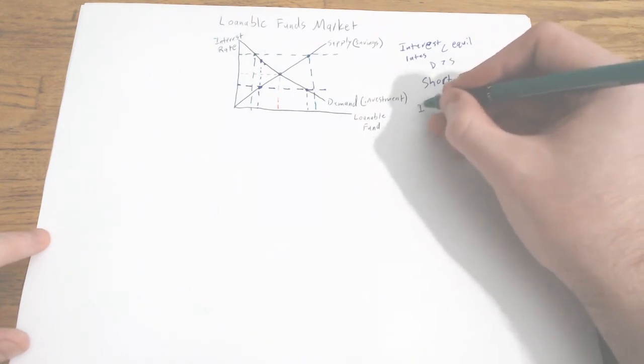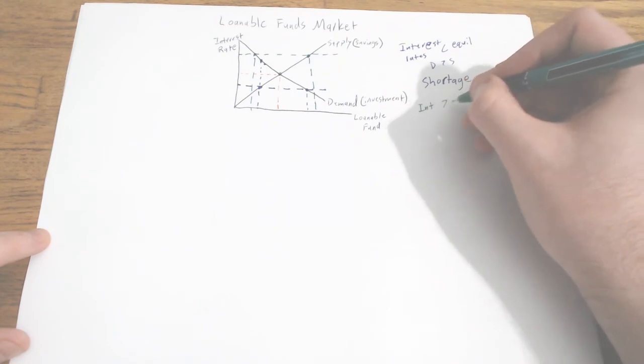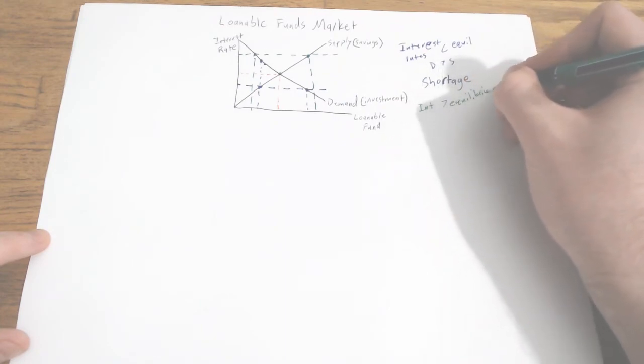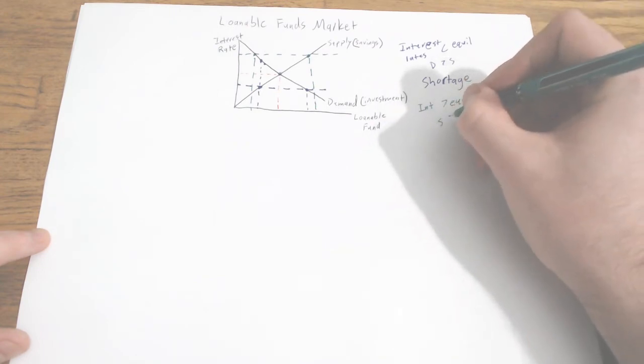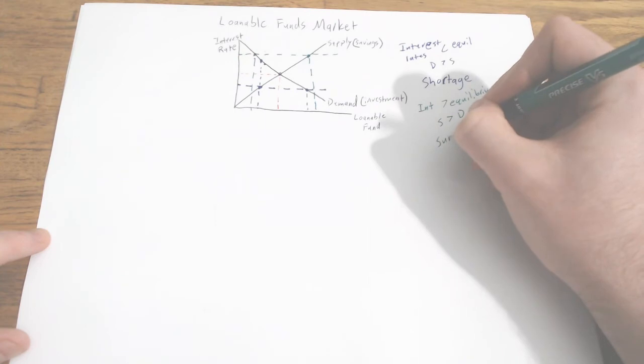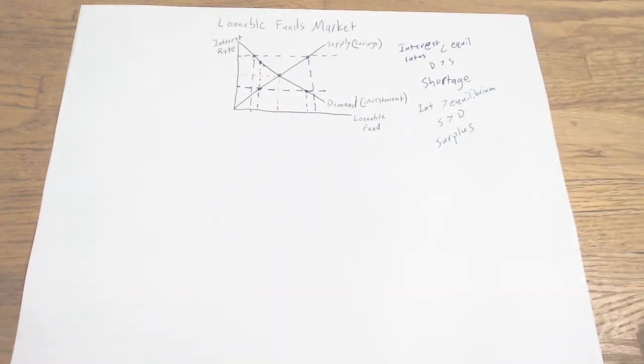So interest rates greater than equilibrium, supply is greater than demand, and this is a surplus. As lenders compete for scarce borrowers, interest rates are going to be driven back down.